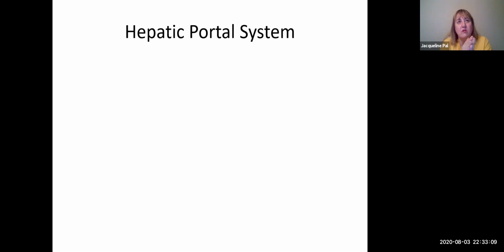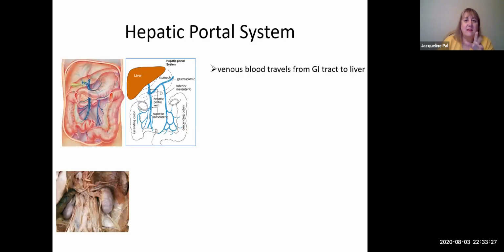And so a portal system is when we have venous blood that was drained from an organ, and instead of that vein taking the blood back towards the heart like it does everywhere else, that venous blood actually goes to another organ first.